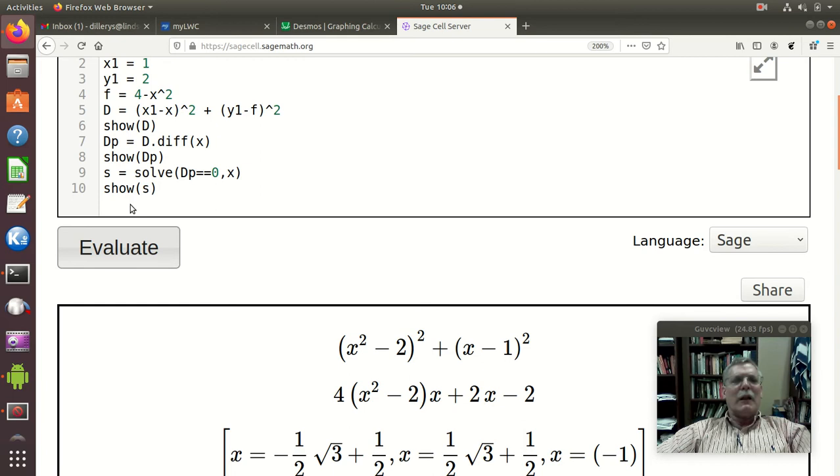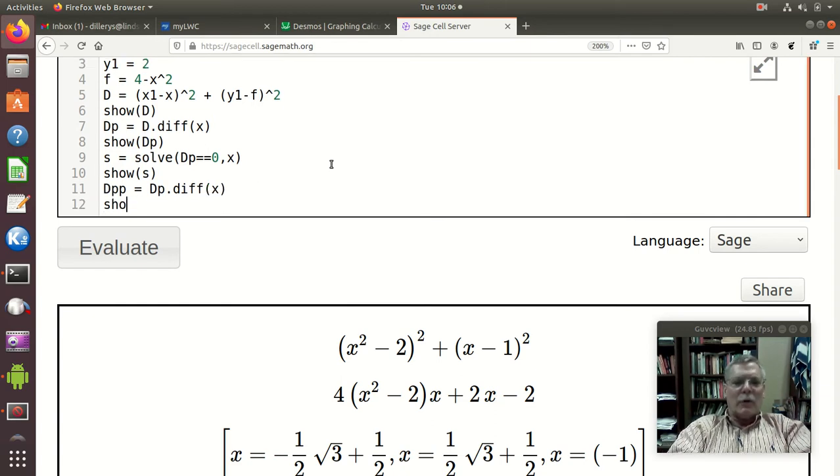Now I can take a second derivative, dpp, and that is equal to dp dot diff with respect to x, and I should probably show that so I know what my answers are.